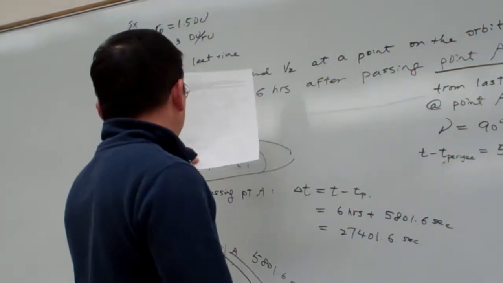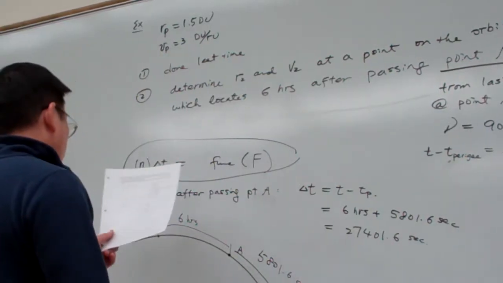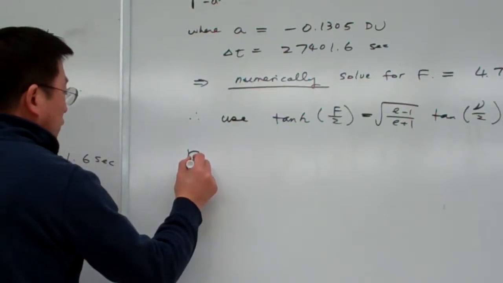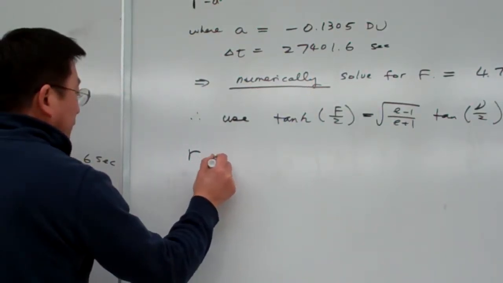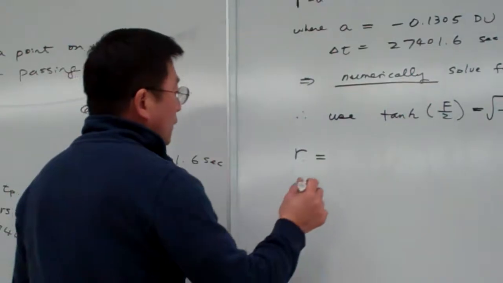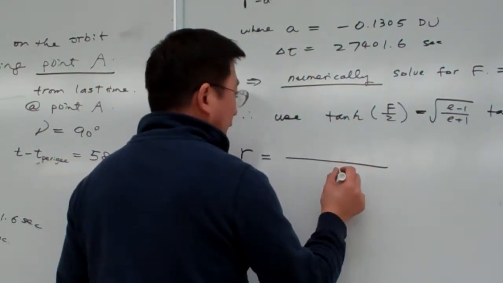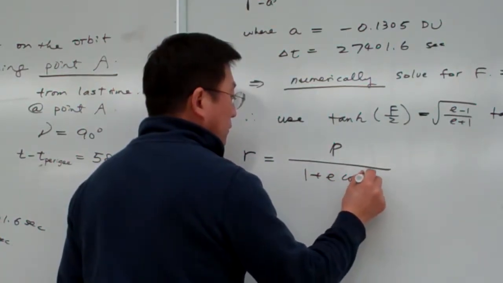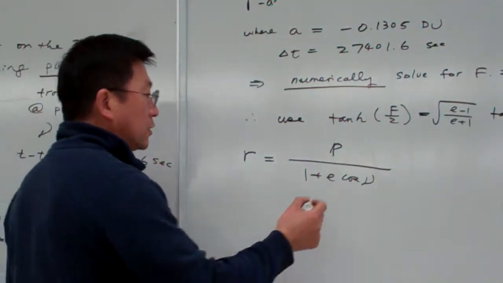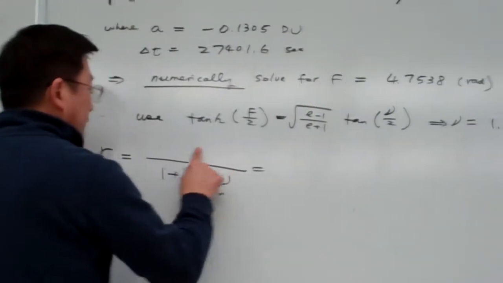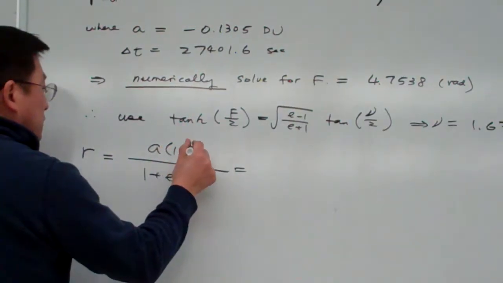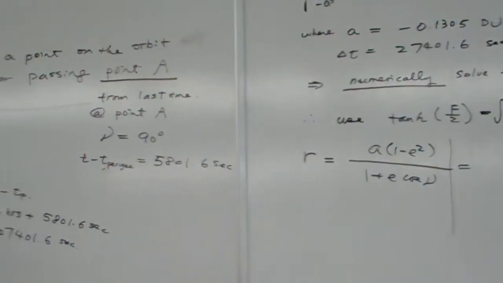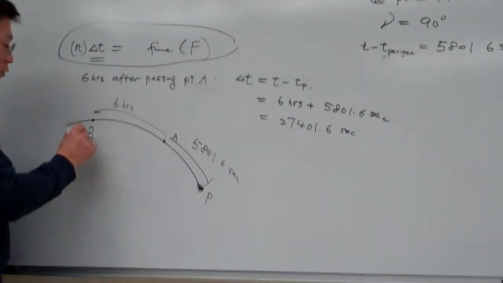So we want to determine the velocity and the positions. Therefore here, for the position at point 2, r will be equal to p over 1 plus e cosine nu. Okay, so for this case p equal to a times 1 minus e squared. Okay, so now let me say this is the point A and this is point 2.